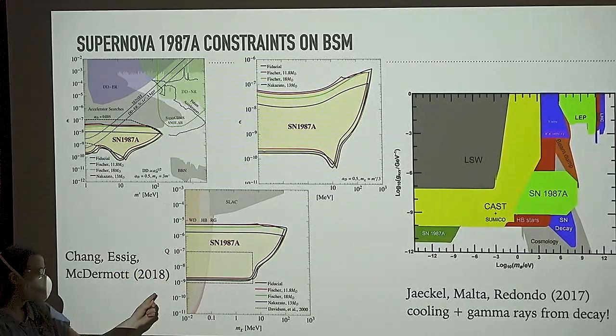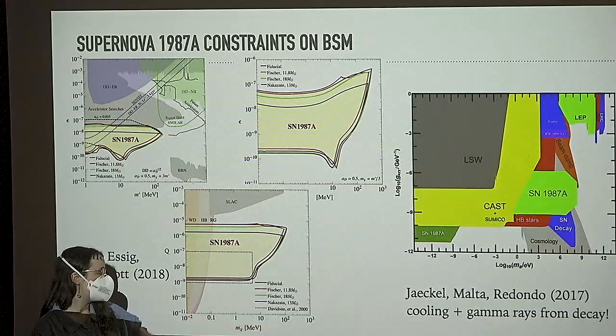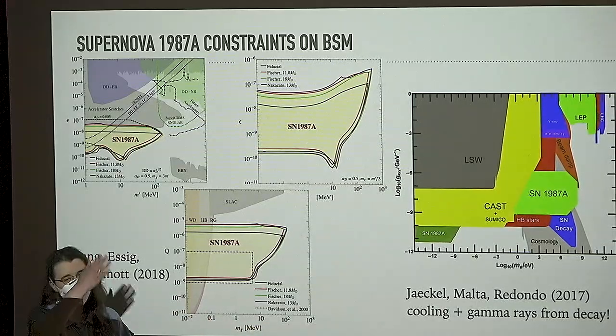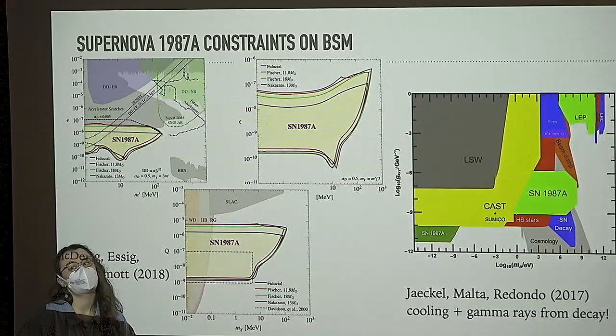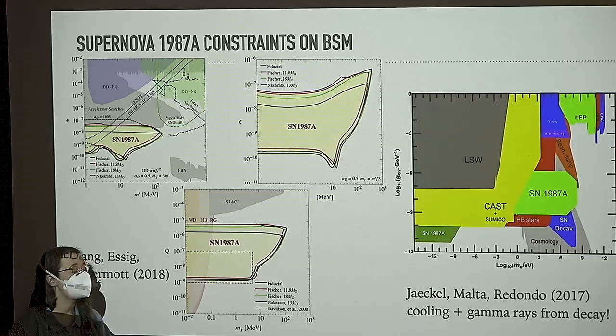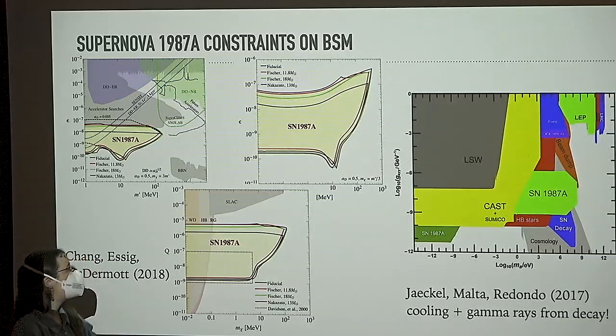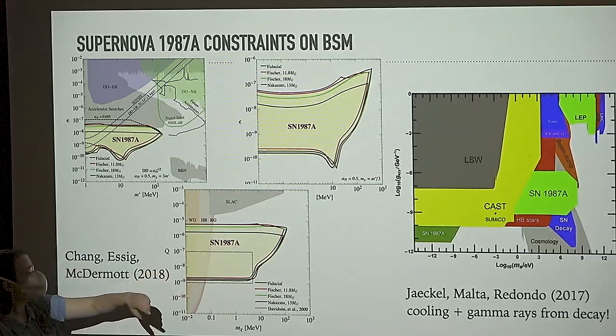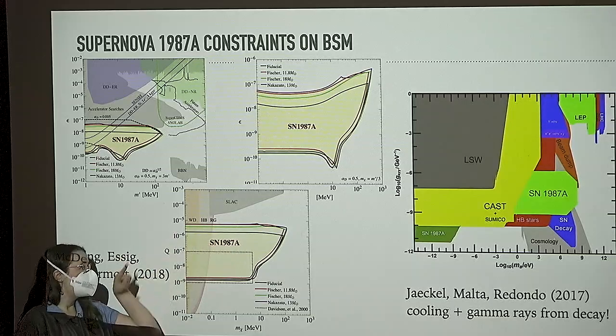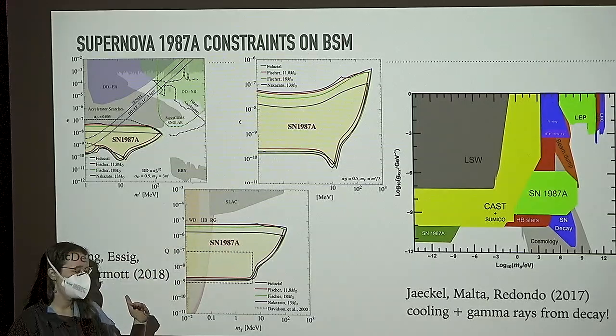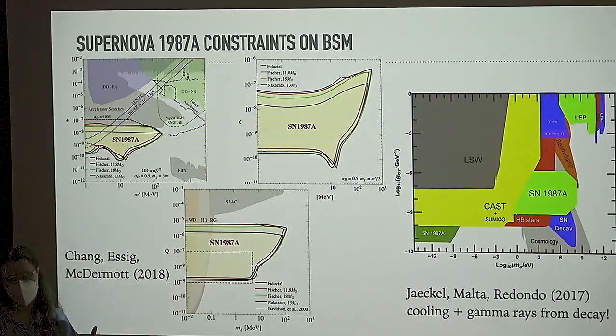But on the flip side, you're going up to much heavier masses, because the tails of the distribution of these particles can go up to like 100 MeV, which is really helpful. But all of these also have a ceiling. If you raise the charge or the coupling too much, these particles get trapped by the ejecta, so they're not going to cool the ejecta efficiently.